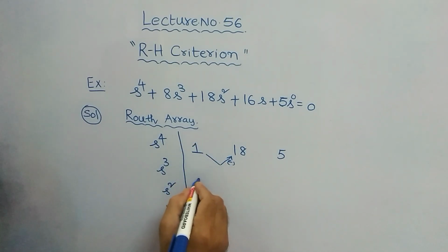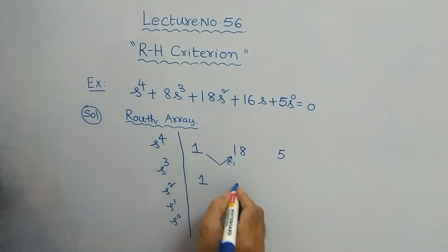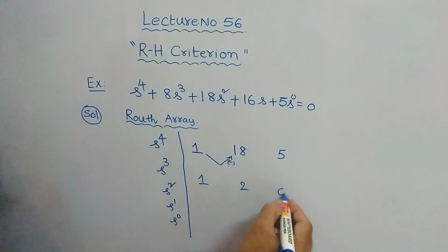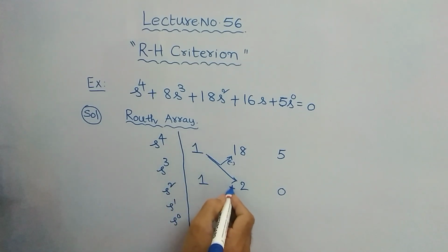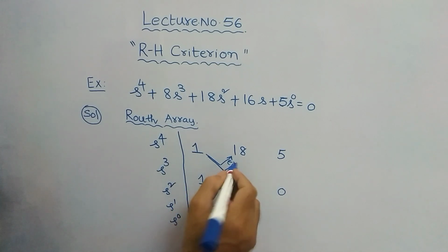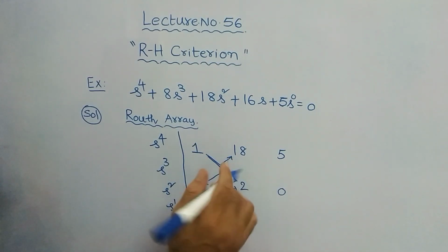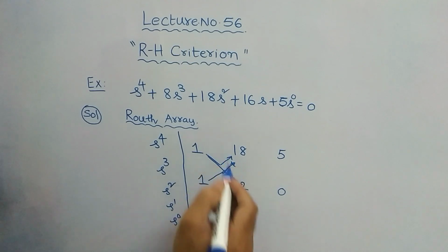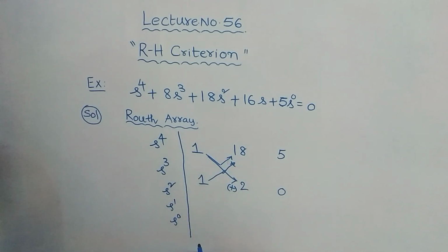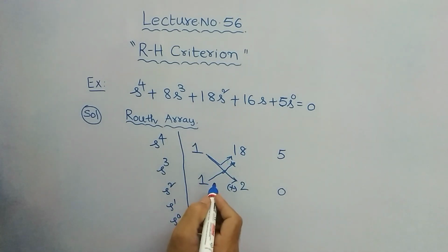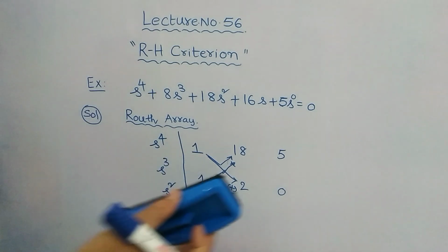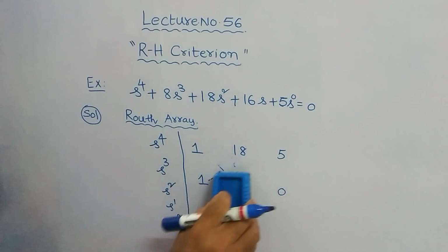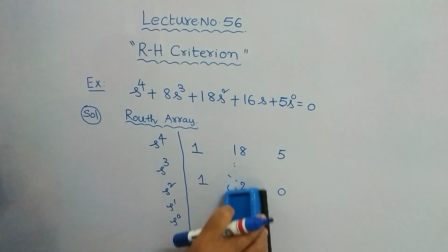So here 8 ones are 8, 8 twos are 16, and then 0. Then 1 into 2 is plus, and 1 into 18. Okay, I will write this clearly again.